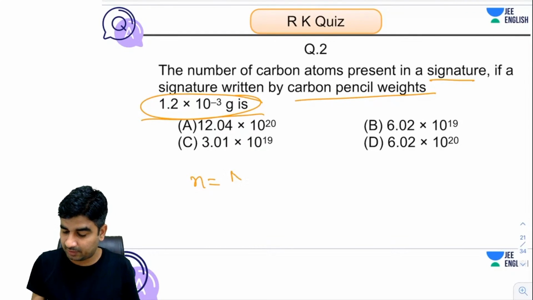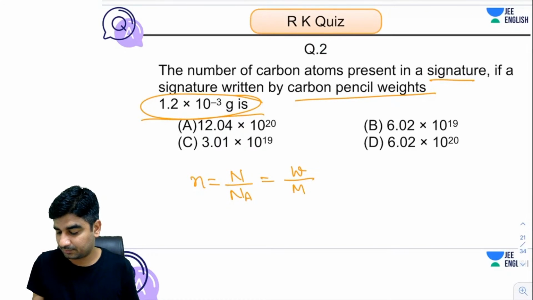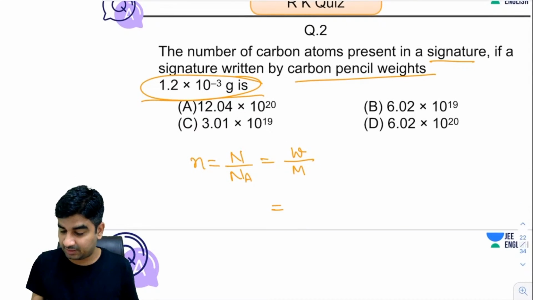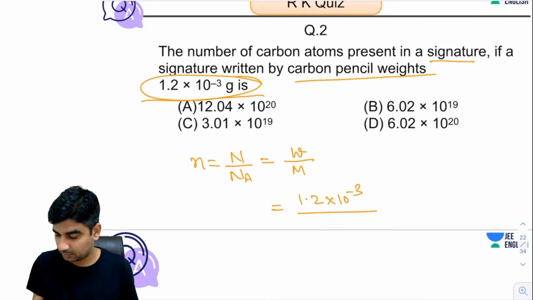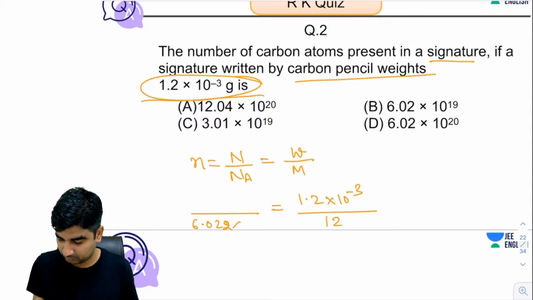So mole will be N upon Na and W upon M. So weight is, and molar mass is, what is the molar mass? 12. Now Na you know. So you will get N.